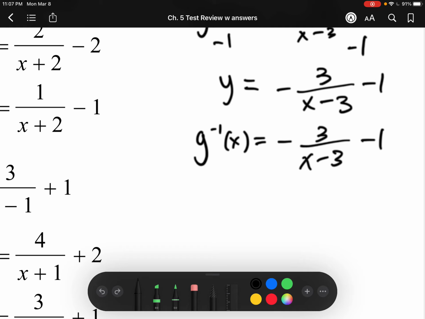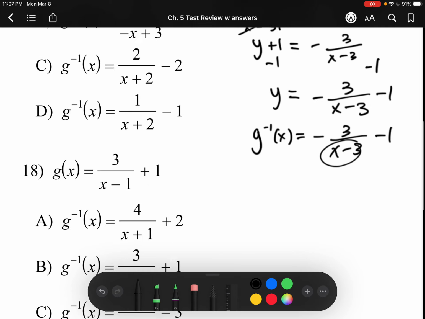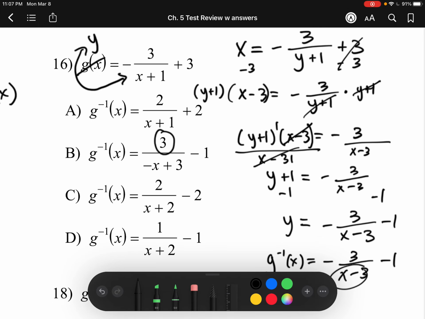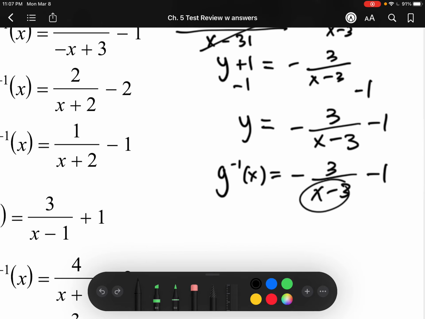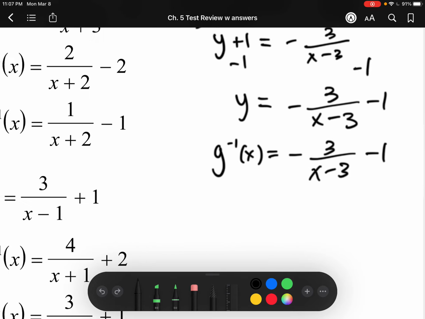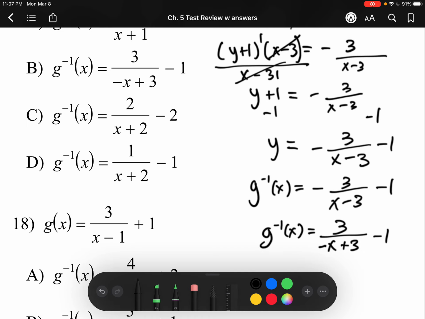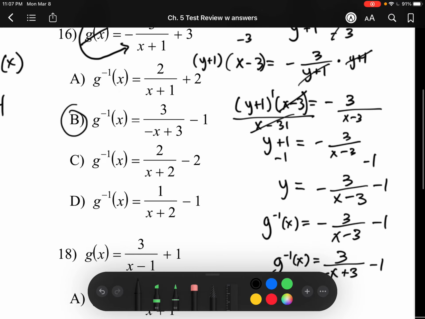They didn't apply it to the 3, so that means that because there's only one option here that has a 3, which is option B. But if you apply that negative sign there, you get the inverse of g of x is equal to 3 over, and then when you apply the negative to this denominator, all the signs change, right? So x becomes negative x, and minus 3 becomes plus 3 minus 1, which looks exactly like option B. Our answer is option B.